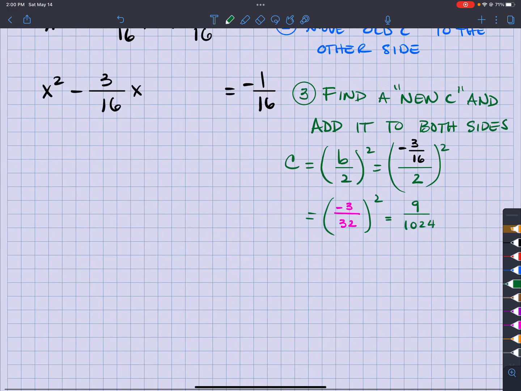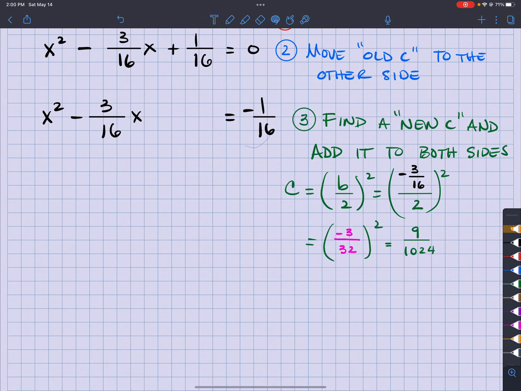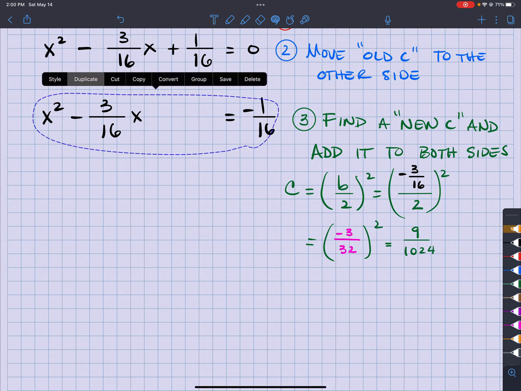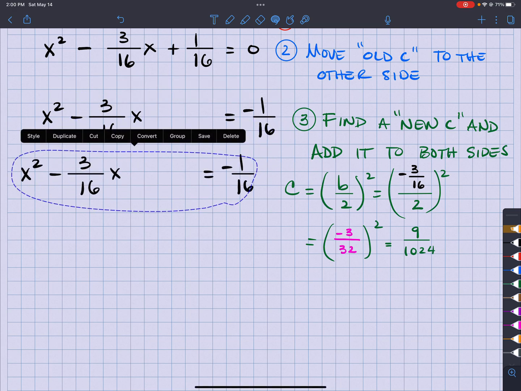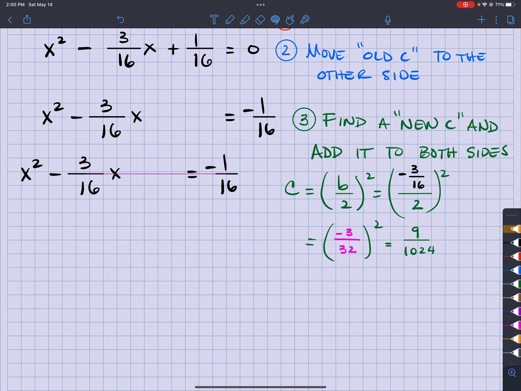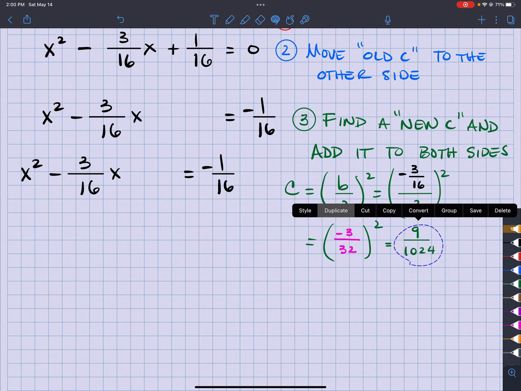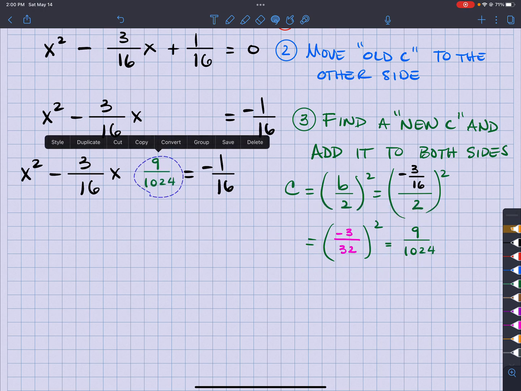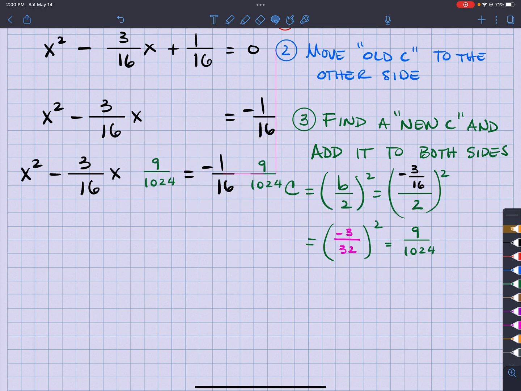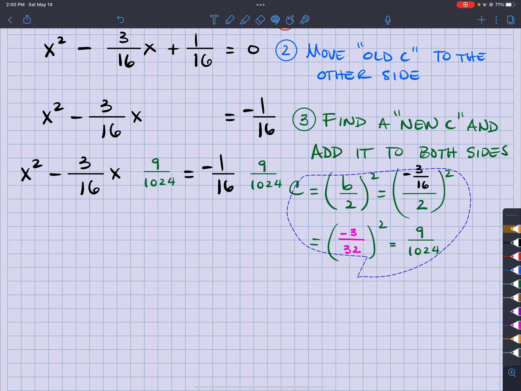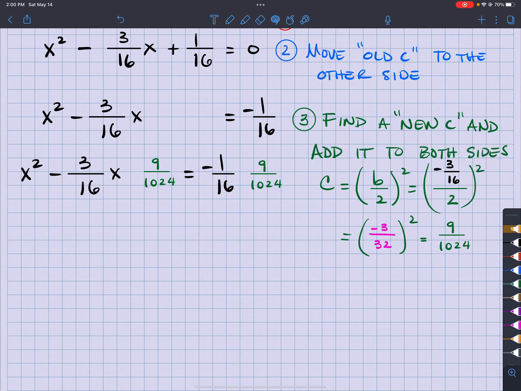So you have to add that to both sides. Let me go ahead and duplicate this here, move it out of the way so that I have a chance to actually add this to both sides. So I'm going to take this, add it to this side, and add it to this side. And let me take this right here and slide it over to the next.